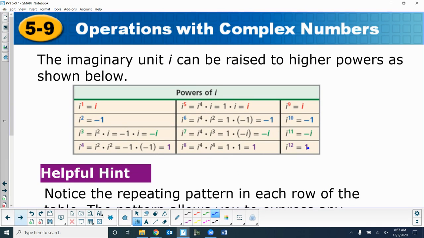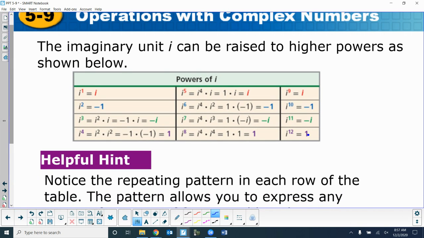All right. Let's go ahead and do this one and then we'll stop. We'll show division tomorrow. All right. So the imaginary unit can be raised to higher powers as shown below. Okay?